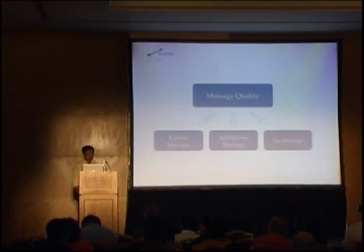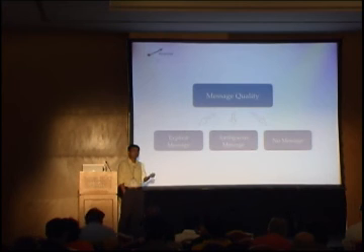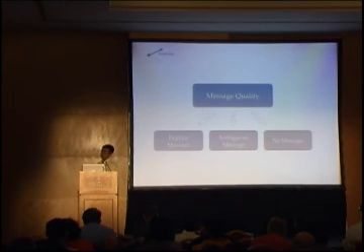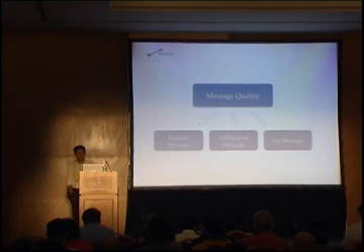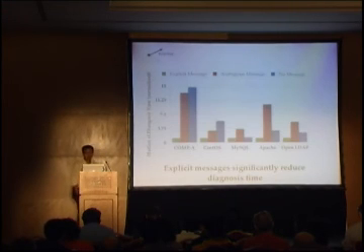To study this, we first categorize all the cases into 3 types based on message quality. An explicit message means the message clearly tells you what's going on. An ambiguous message means there is some message, but it does not tell you the exact problem. And in some other cases, there is no message at all. And this is what we found.